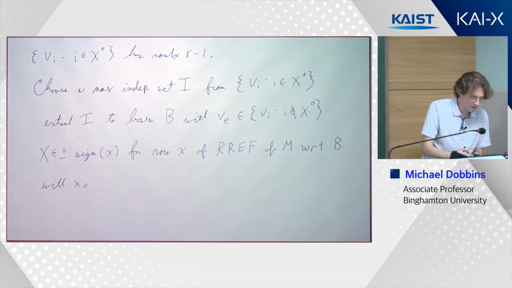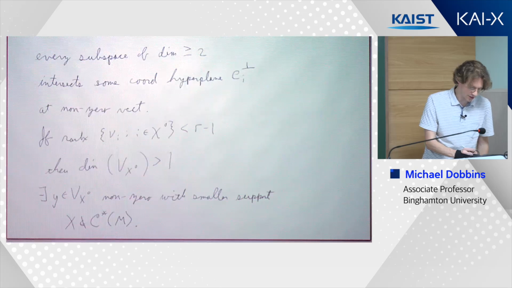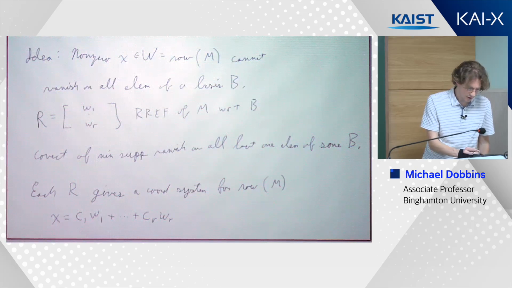Only one of them will have the e-th element non-zero. So this is how we can see that these circuits are in fact the rows of some row reduced echelon form of a matrix.